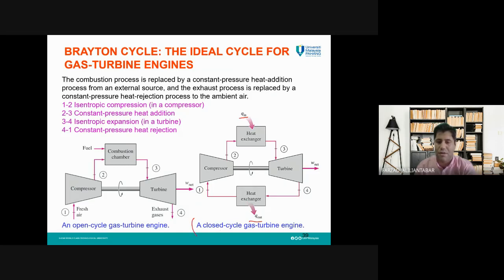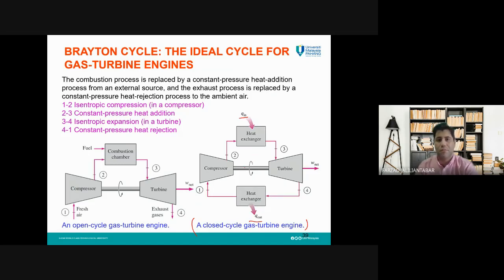We call this a closed cycle gas turbine engine, which is a useful idealized cycle to evaluate the cycle in the gas turbine engine.